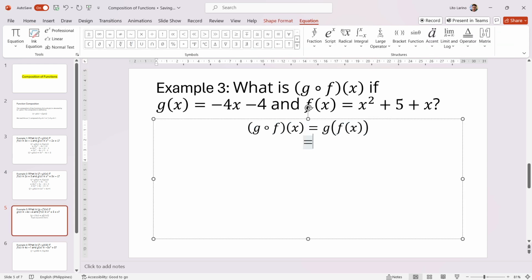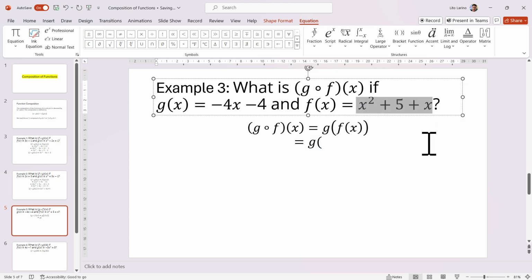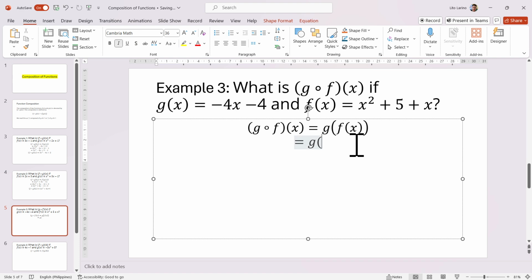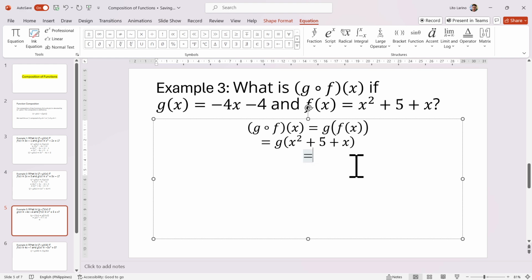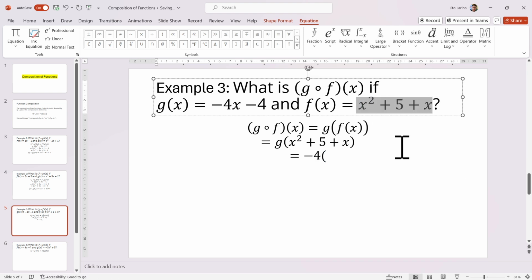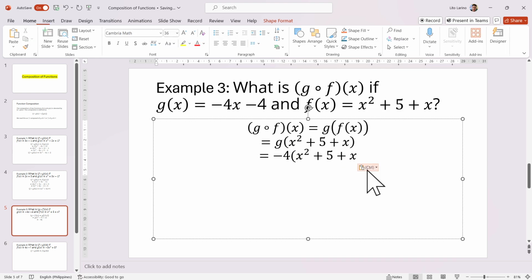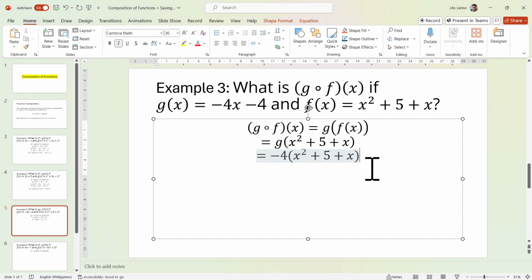That is g of the expression for f of x, which is x squared plus 5 plus x. And then we have our expression for g of x is negative 4 times the value of our x here, which is the expression for f of x, x squared plus 5 plus x.